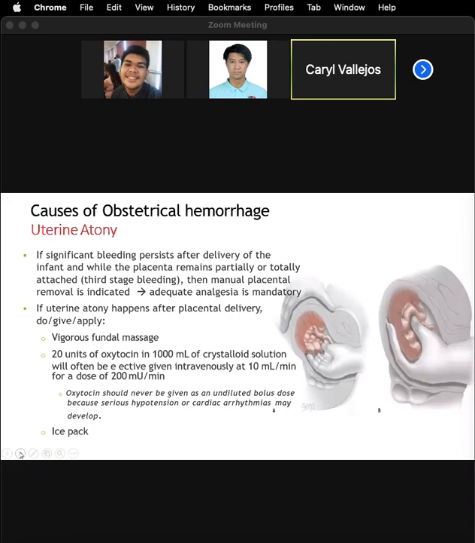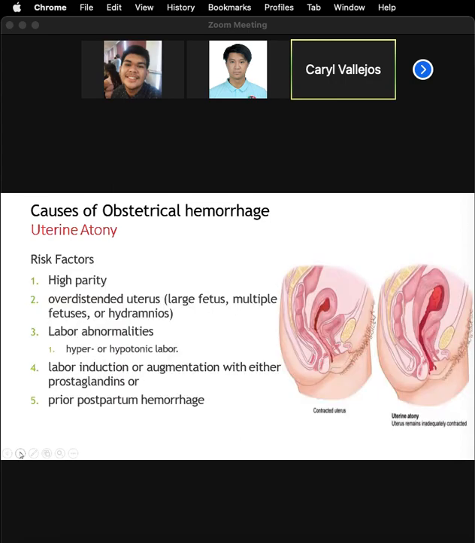You could give it intramuscularly, or as said a while ago, incorporate it in a crystalloid solution, but never give it as a direct IV bolus. And then, an ice pack on the uterine fundus.